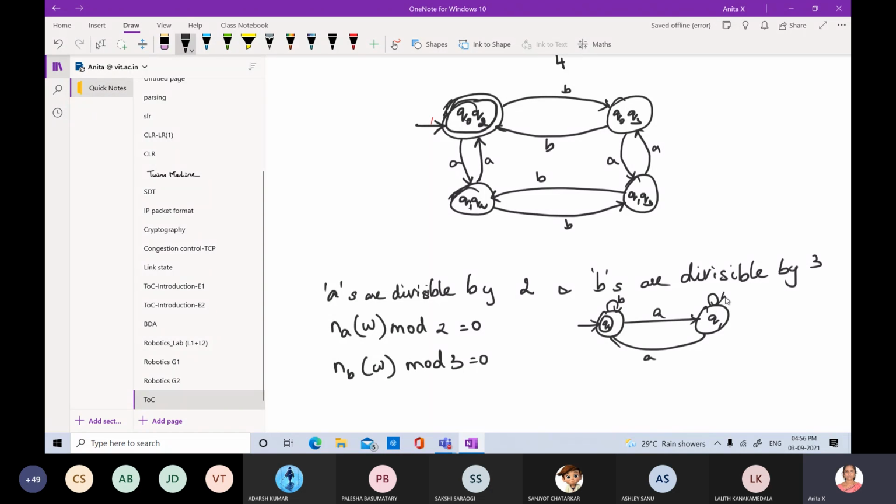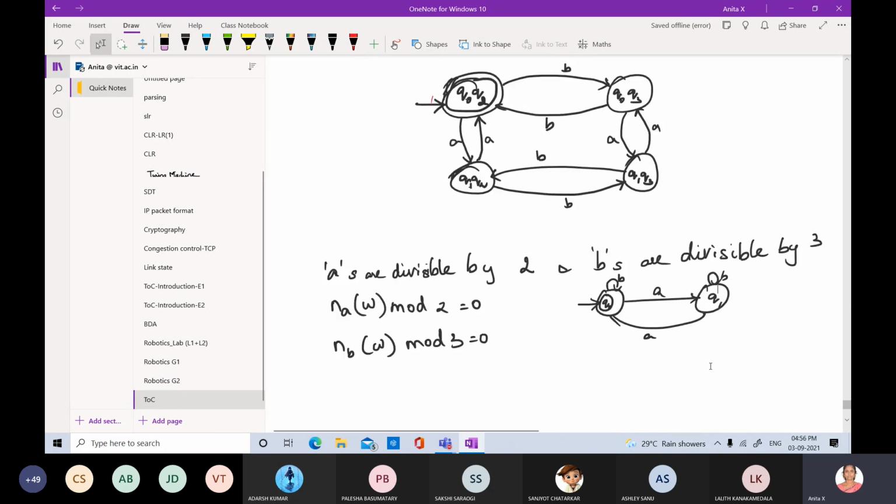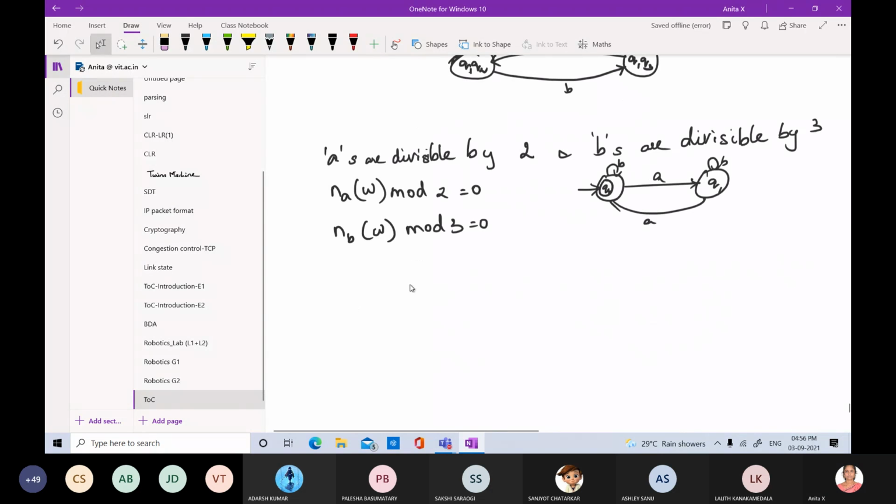So I can have any number of B's. This is for this one, right? And then if it is going to be mod 3, this is Q2. So here I'm going to concentrate only on the number of B's.